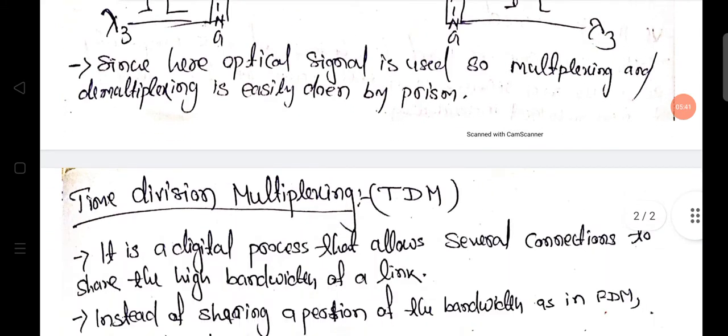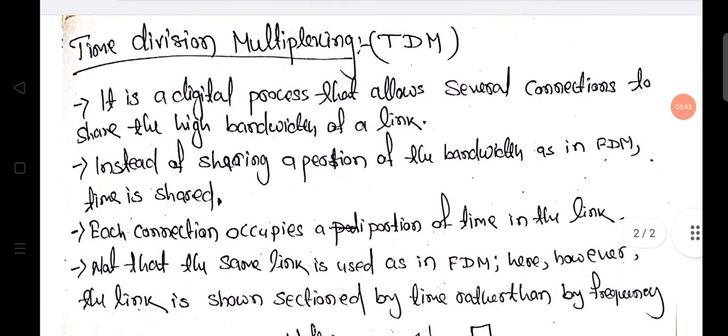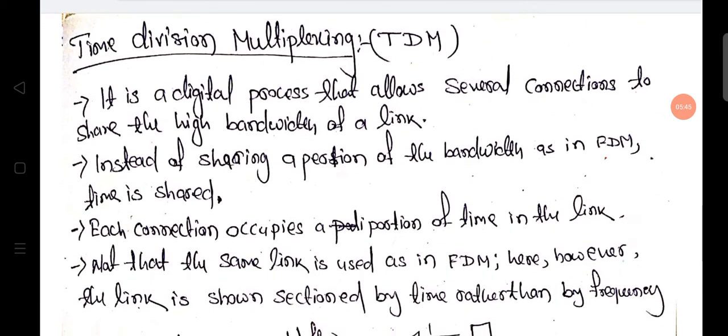Next multiplexing technique is time division multiplexing, TDM. It is a digital process that allows several connections to share the high bandwidth of a link. That means TDM is digital signal multiplexing.